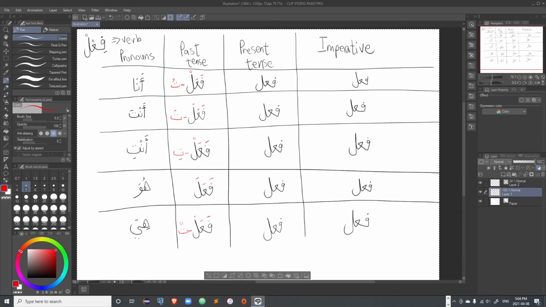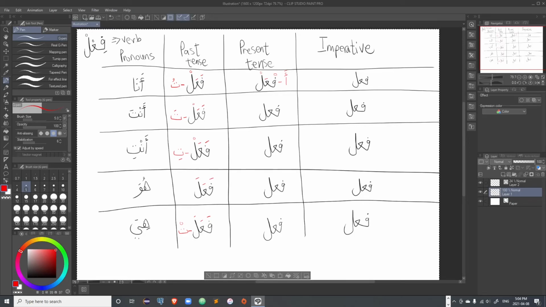Now let us move to the present tense. أنا, I do or I make, is أنا أفعل. So for the present tense, it will be a prefix for أنا instead of a suffix. أنا أفعل.